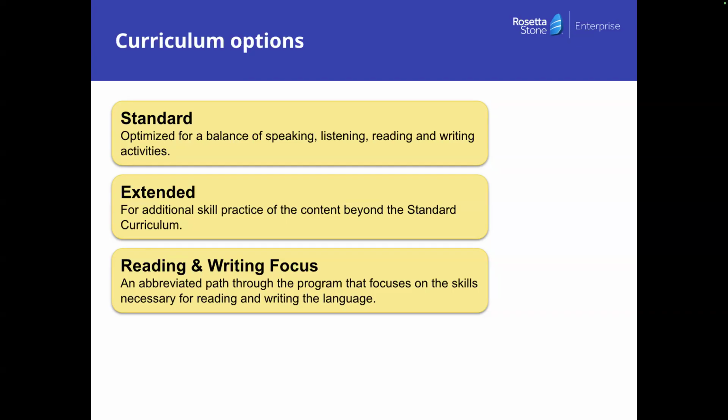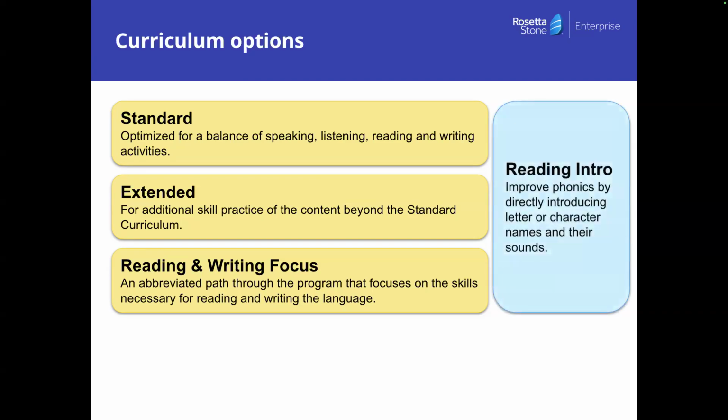For any of those 3 curriculum options, many of them will include a reading intro, which will just add some additional activities in the first few units of the curriculum that focus on letter names and sounds and introduce reading. So this could be helpful if you're learning a language that uses non-Latin characters and you just need a little bit more support with that reading.